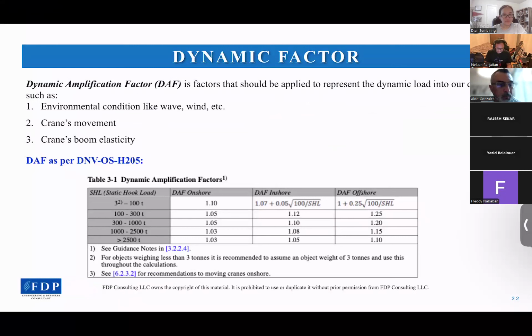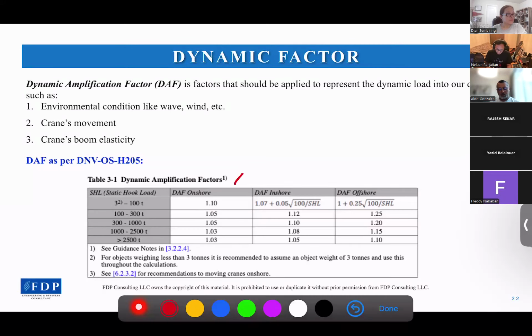Yes, thank you. So if we want to do lifting on land base, like in a fabrication yard or construction sites, we can choose the dynamic factor onshore here, but with the condition that the crane is not moving, so it's only slewing or rotating.